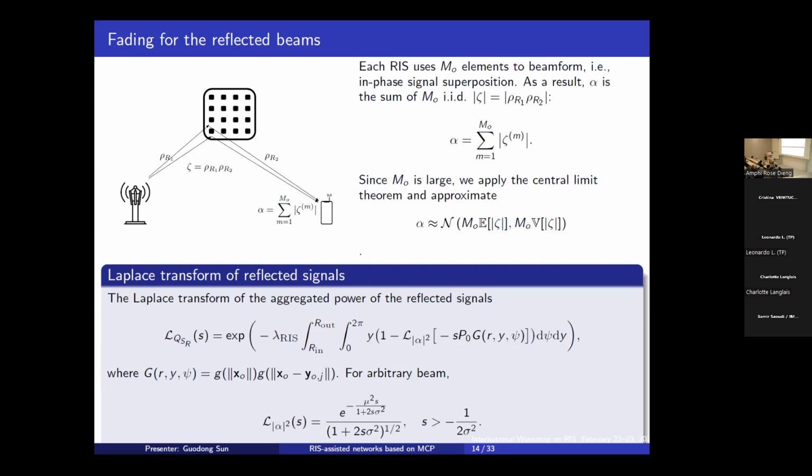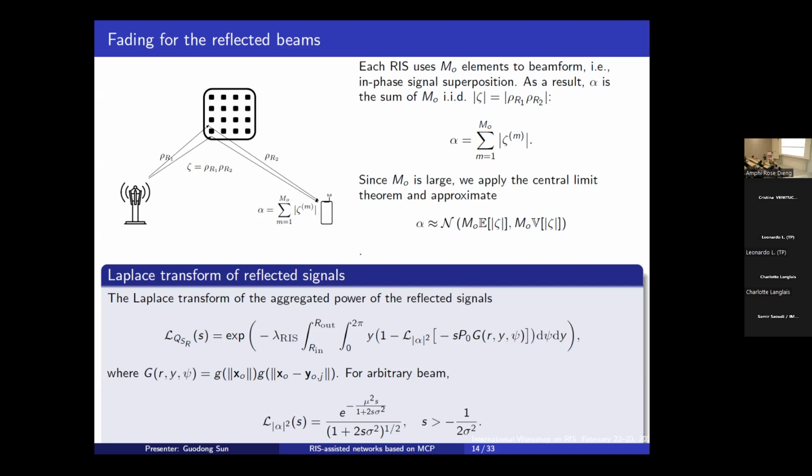Then we know each RIS allocates a batch to do beamforming. The size is large, and when you do beamforming, the result is in-phase signal superposition. Then this alpha is the sum of the amplitude of this zeta. When M is large, we can apply the central limit theorem to say that this fading is somehow approximated by a non-central Gaussian distribution.